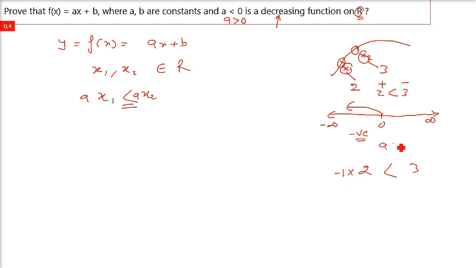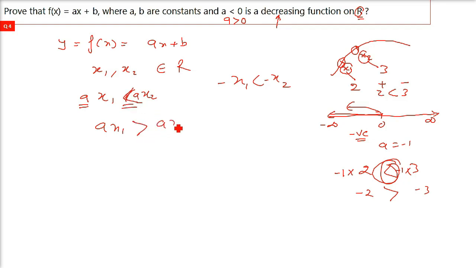So if I multiply it by negative 1, for example, I'm just taking an example, what will happen? This will be negative 2, this will be negative 3. The sign will change. Now negative 2 will be greater than negative 3. So multiplication with a negative number always changes the sign. If it is less than, it will be greater than. We are saying x1 is less than x2, whenever we multiply this with a negative number, for example, it is given in the question a is less than 0, so ax1 now will be greater than ax2.